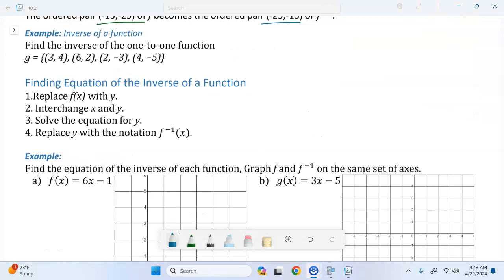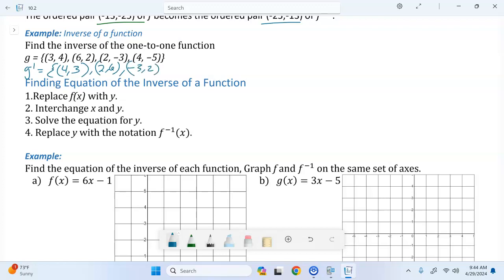All right, so we can take a function with a list of ordered pairs, and we can find the inverse of that function by switching the coordinates. So we have our function g. We can find our inverse of g by switching the coordinates of each ordered pair. If I switch the coordinates of 3, 4, what do I get? 4, 3. So the inverse will have the point 4, 3. What about for 6, 2? 2, 6. What about for 2, negative 3?